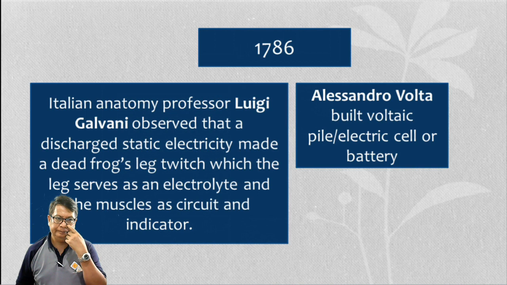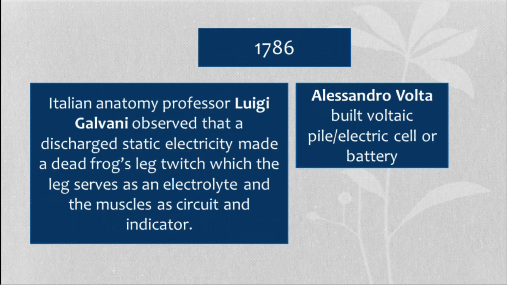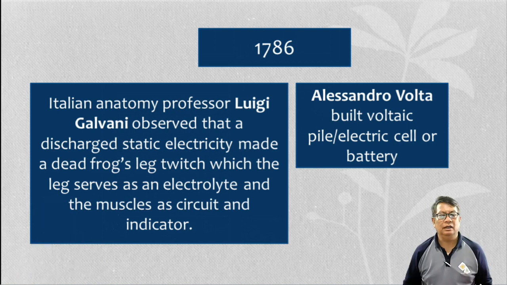In 1786, we have Professor Luigi Galvani, an Italian anatomy professor who observed that discharged static electricity made a dead frog's leg twitch. The leg serves as an electrolyte, and the muscles as circuit and indicator.